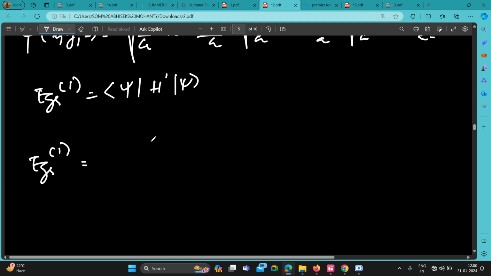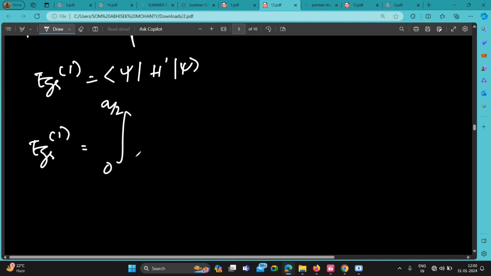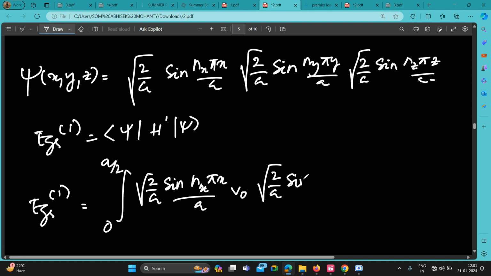So when we see the x-axis, 0 to a by 2, why? Because the perturbation is between 0 to a by 2. V naught. Okay. So root over of 2 by a sine nx pi x by a, V naught, into root over of 2 by a sine nx pi x by a. Got it?